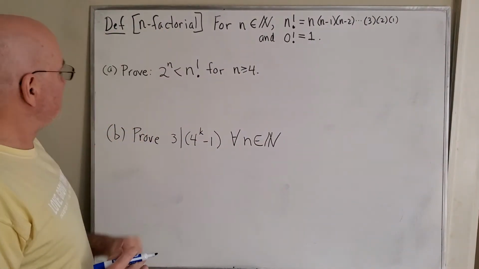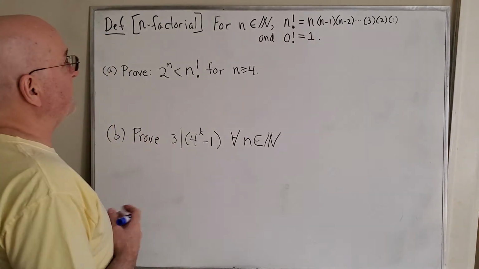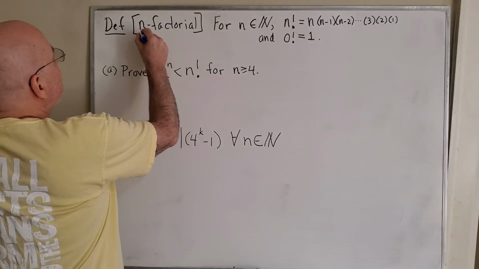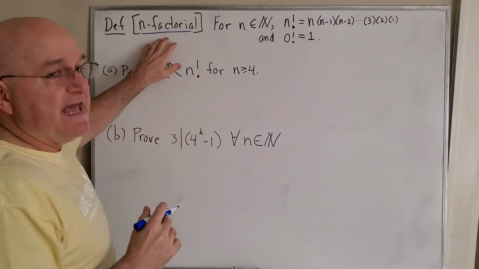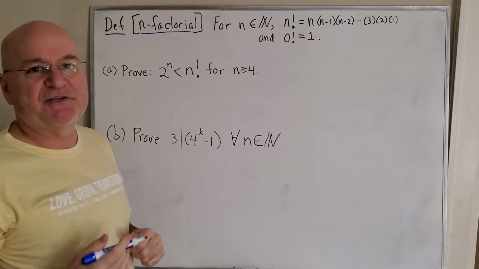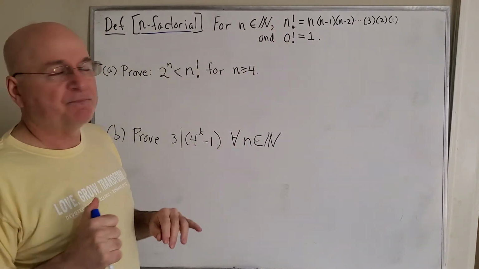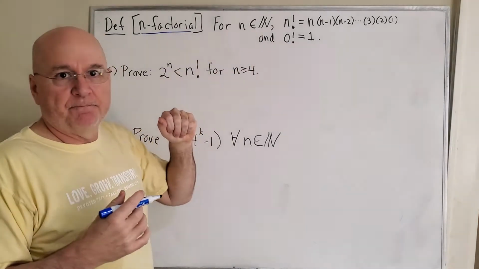All right, one definition, and then we're going to do a couple of induction proofs. First, the definition. We say n factorial, but we write n with an exclamation point. n with the exclamation point means n is some positive integer. Well, I guess it could be 0 as well.